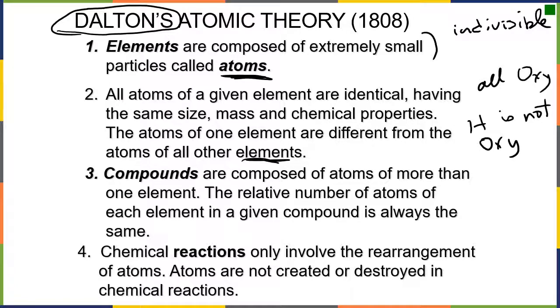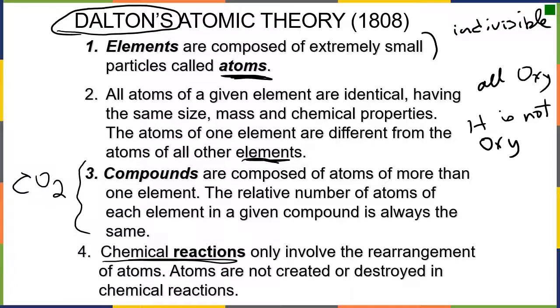All right. We don't know the details of why, but we know it's the case. Compounds are going to be made up of a fixed ratio of elements. So if we have a compound, for example, CO2, it's going to tell us that it is more than one type of element, and it's always in a fixed ratio.